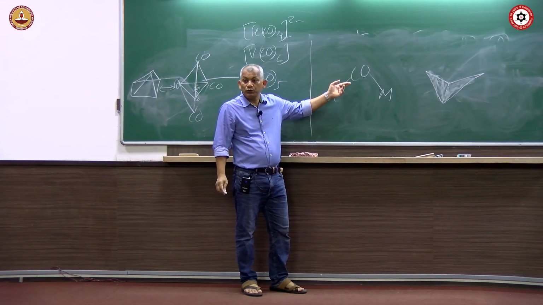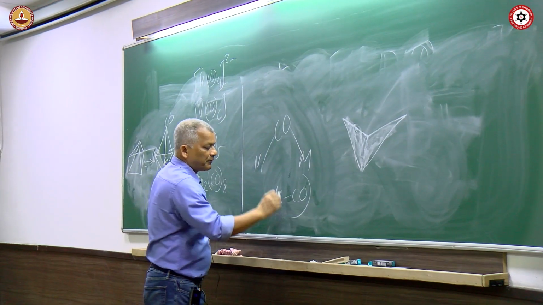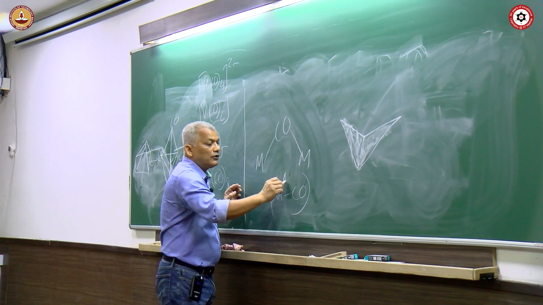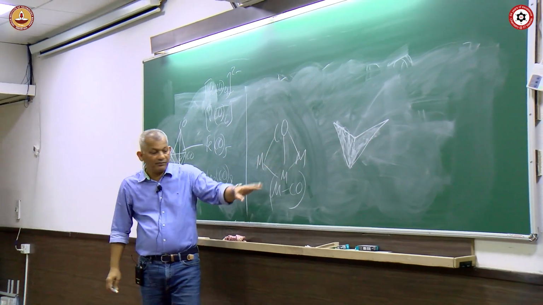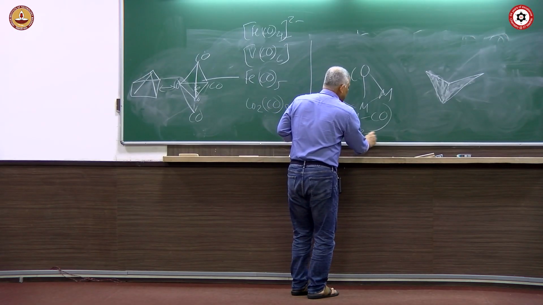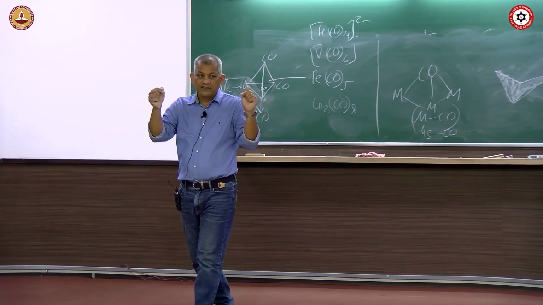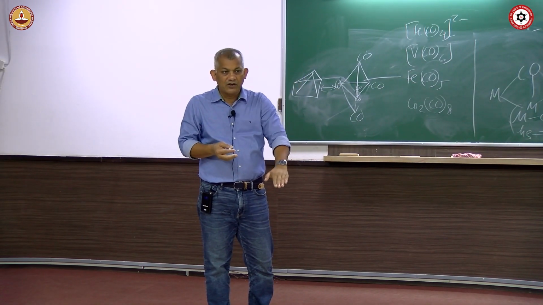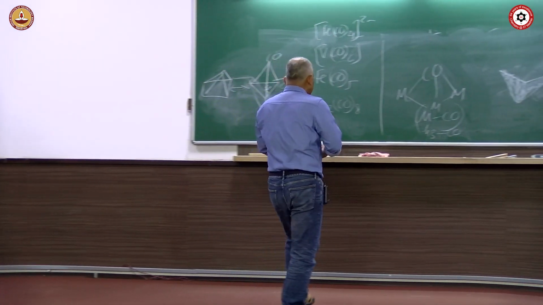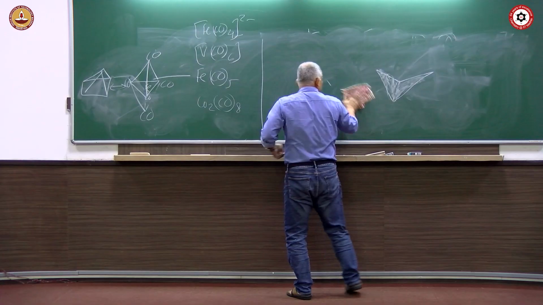It's called mu2-CO. It's also possible that it can coordinate with 3 metals. This is called mu3-CO. So depending on the bridging mode, the CO frequency will go further down, down, down. And there is a reason for all these lower stretching frequencies.